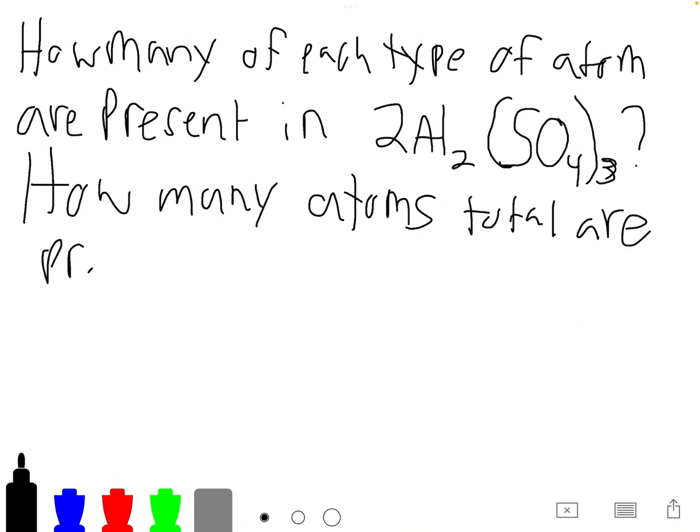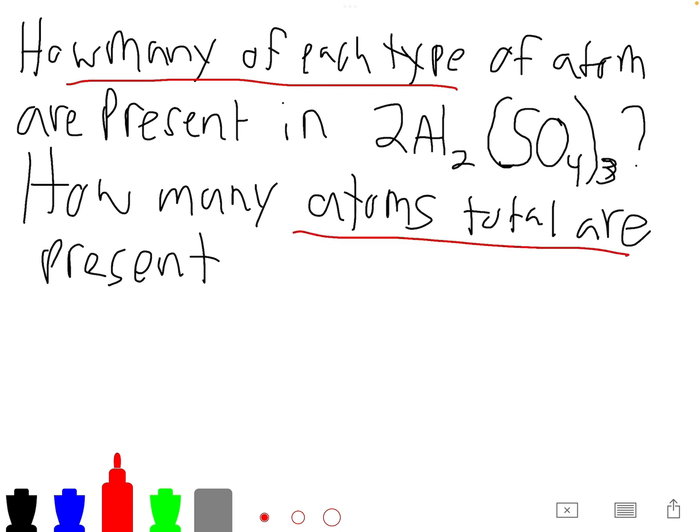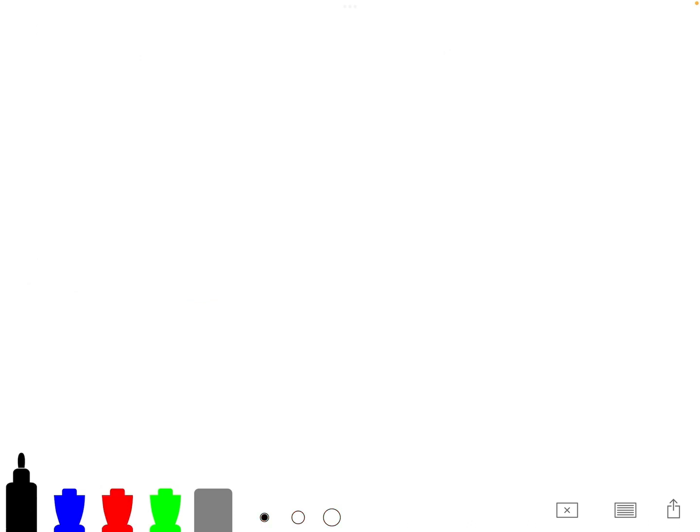So we gotta find how many of each type and how many total are present. So that is what we're going to do. So your first step. Okay, so we're doing the order of operations.